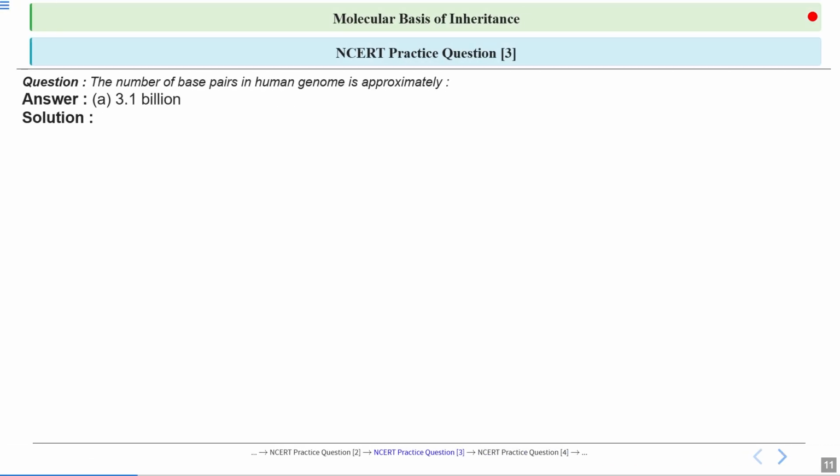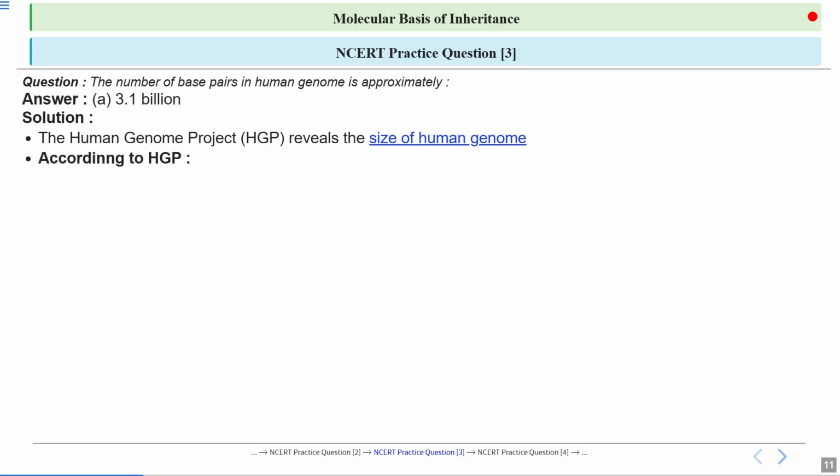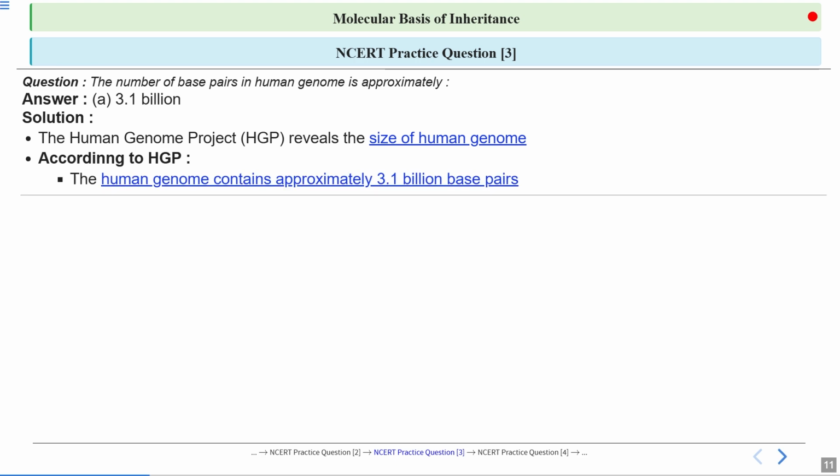Option A, 3.1 billion, is the right answer. The Human Genome Project reveals the size of the human genome. According to the Human Genome Project, the human genome has approximately 3.1 billion base pairs.